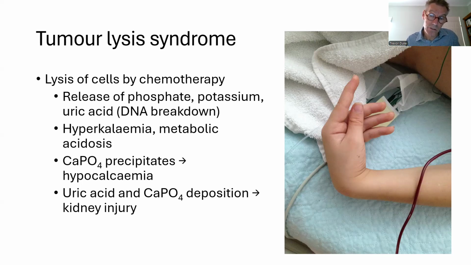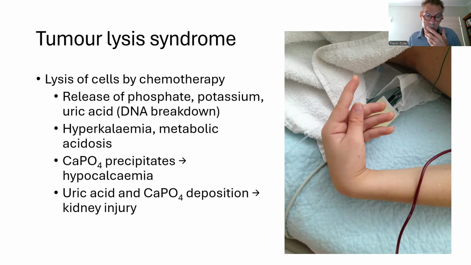And sometimes you get this complication, which is tetany. This child has tetany related to hypocalcemia, and you can see the tetanic spasm in the child's wrist. So tetany is a problem, or seizures.